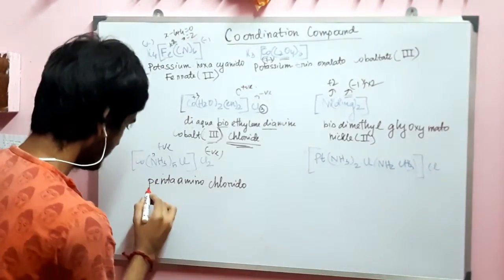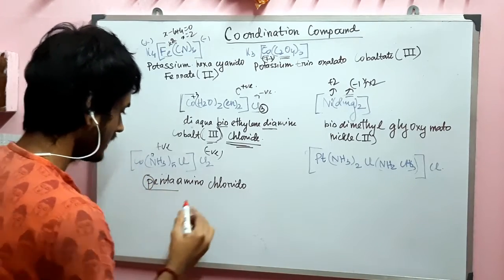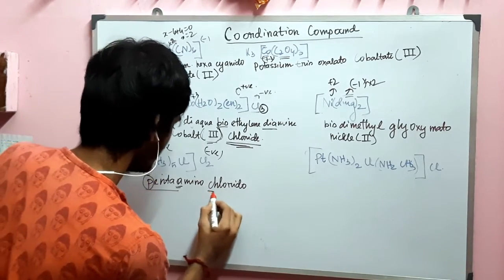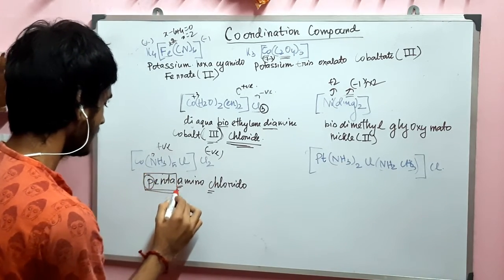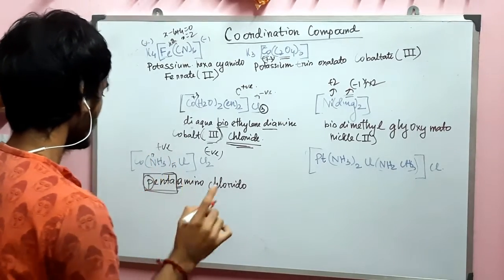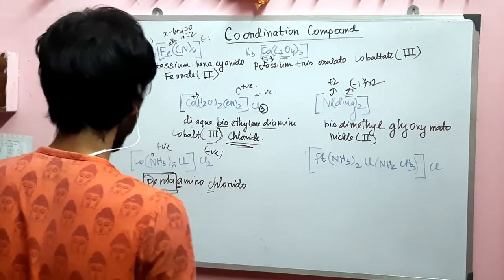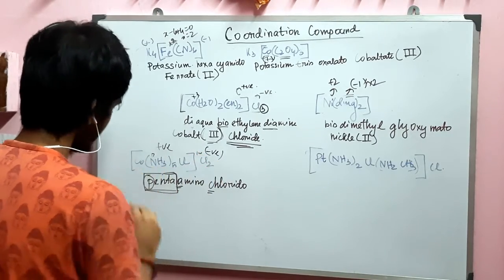Remember what I told, this penta, the P does not count in the alphabetical order, so here A comes before C, that is enough. We don't count penta in the alphabetical rule. Positive charge coordination sphere, no modification in cobalt.